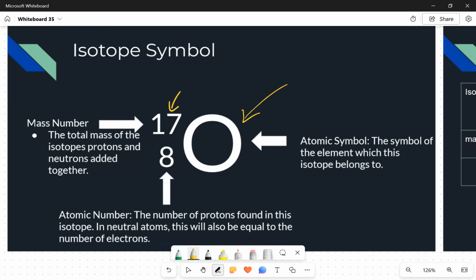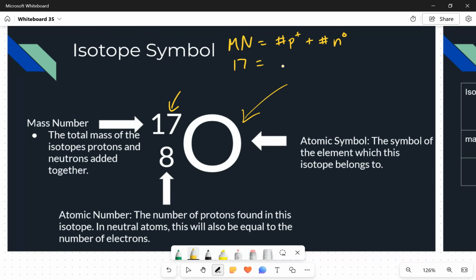Now, if we use a little bit of logic here, if we know that the mass number is equal to the number of protons plus the number of neutrons, we can use this information to figure out how many neutrons there are in this particular isotope. Because I have my mass number, that's 17, and I have the number of protons, that's 8.